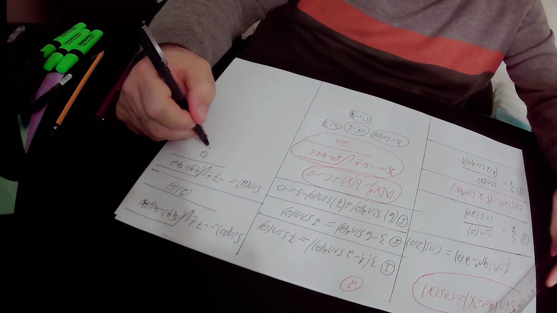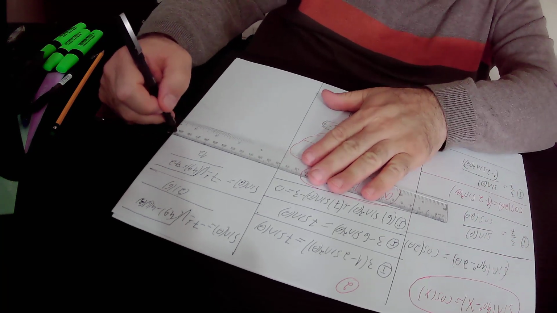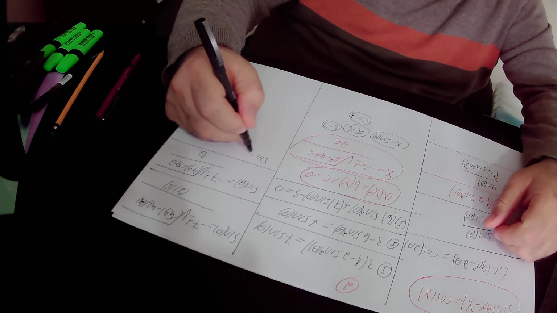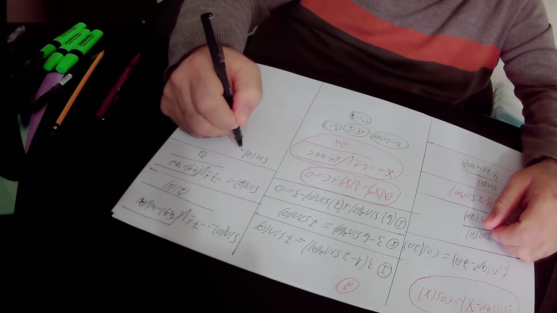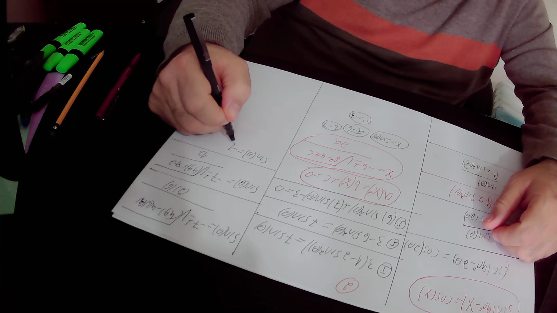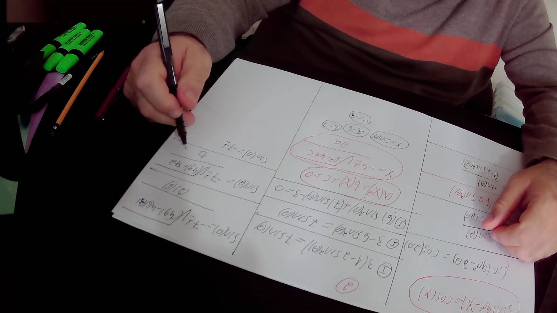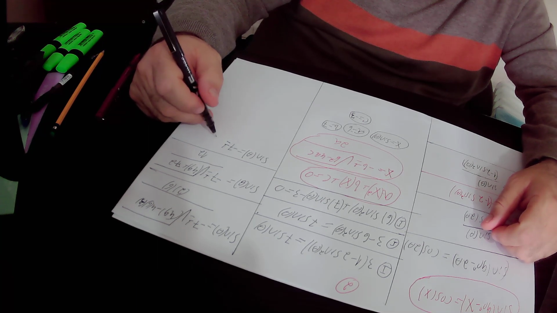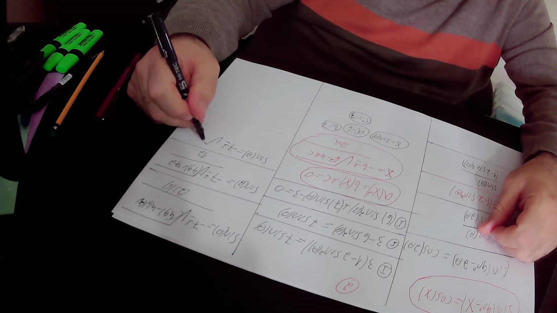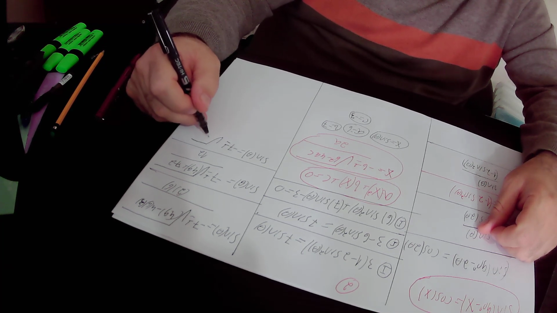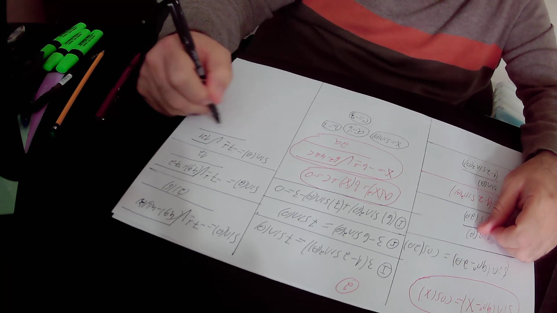So, in conclusion, we found out that sine theta equals minus 7 plus minus the square root of, 49 plus 72 is 121, so inside the root we have 121, divided by 12.